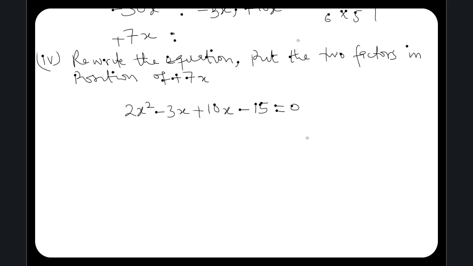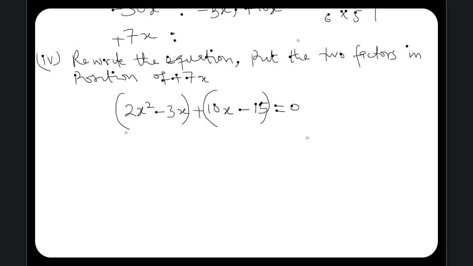After you have gotten this, you can now pair them. The first two be together, the last two let them also be together. As simple as that. Then you take out what is common to the two brackets. You factorize it out.